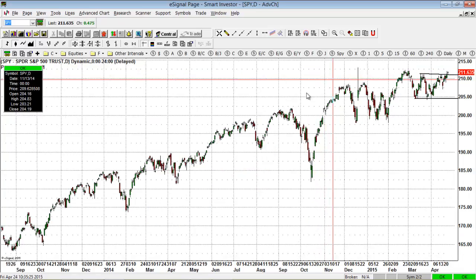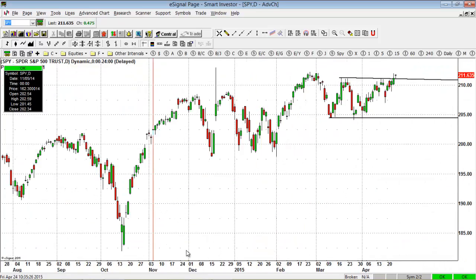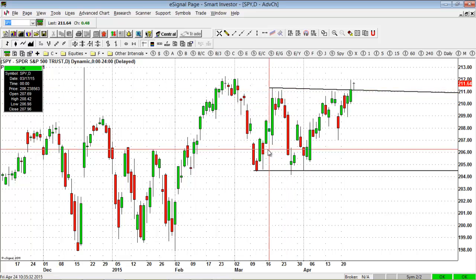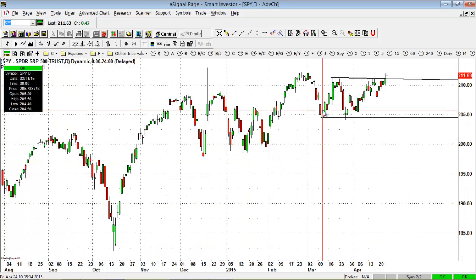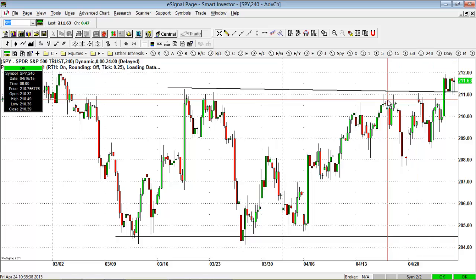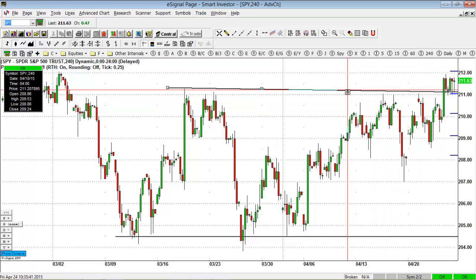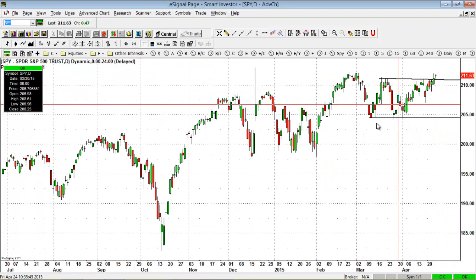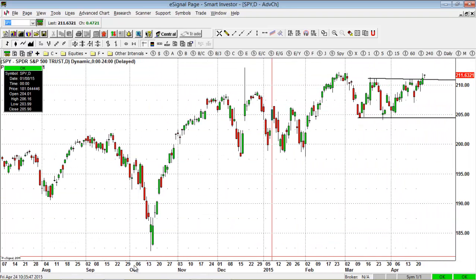Briefly looking at the stock market, this is the SPY, the ETF that tracks the S&P 500, and as we can see, the market is breaking out of this channel resistance that I drew here, which is pretty bullish for the market.